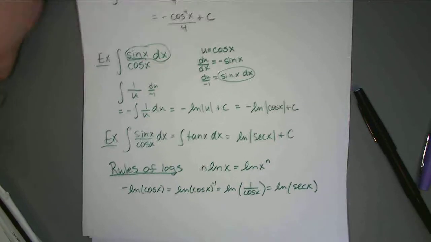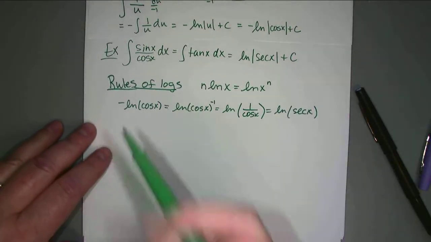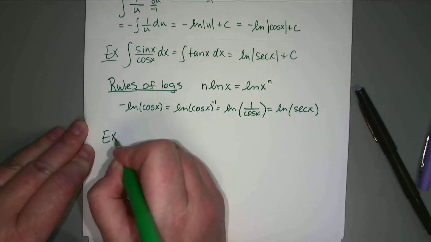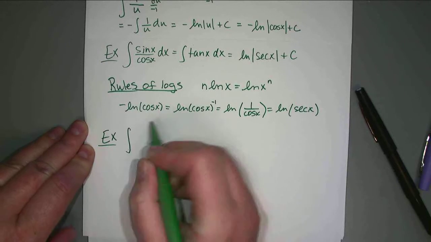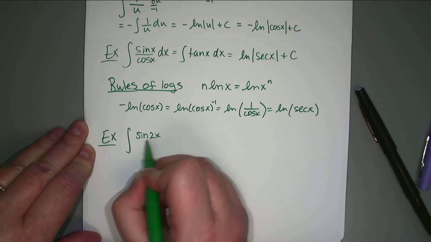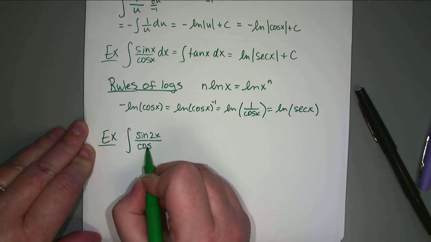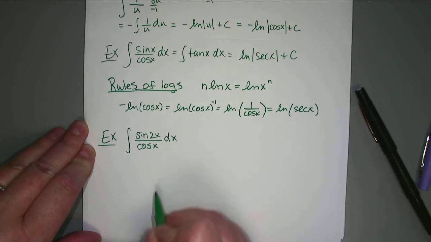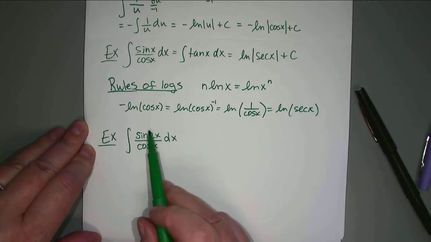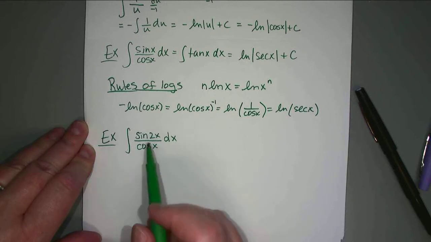Okay, there's lots of different trig integrals, and there's lots of ways that we can do trig. Something like this. The arguments are different, so we can't use substitution here. That doesn't work, but there is a trig identity.